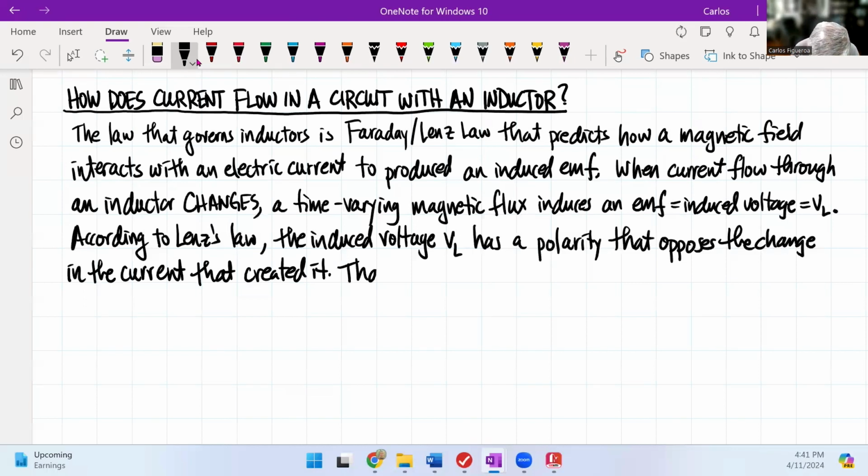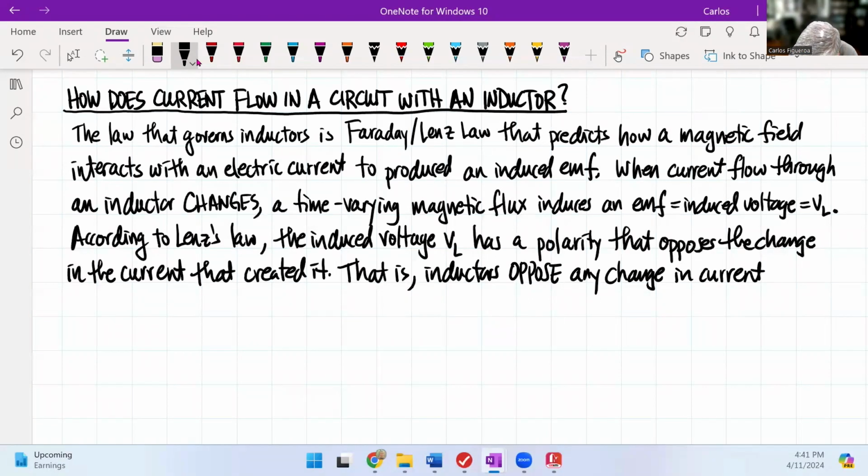That is, inductors oppose any change. They oppose any change in current through them.